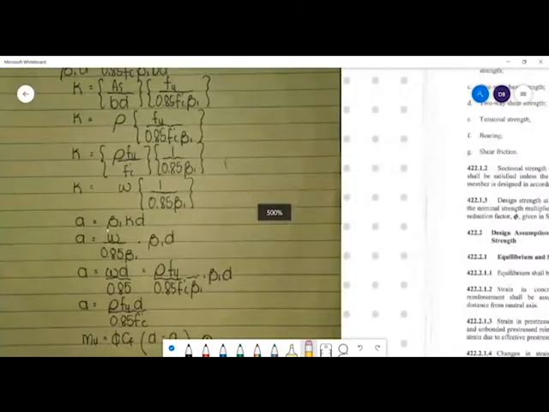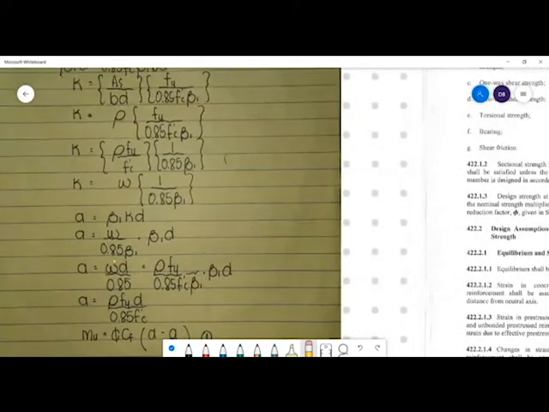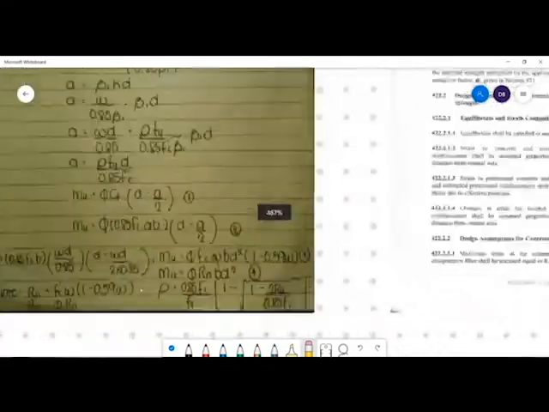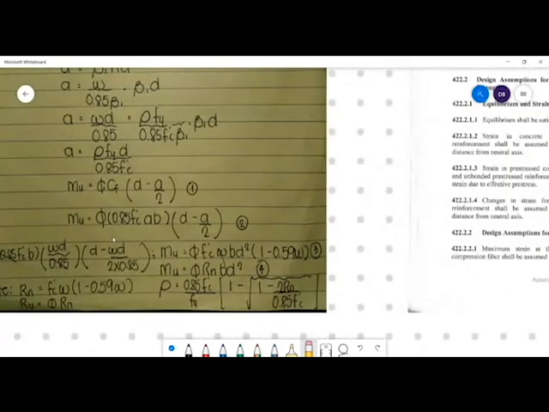So we bring back a is equal to β1 kd. So, a is equal to omega over 0.85 β1 times β1 d. So omega d over 0.85 is equal to rho Fy over 0.85 f'c β1 times β1 d. And we are able to have different methods in designing based on the ultimate moment. So given our moment and we are going to design, we have four different ways.